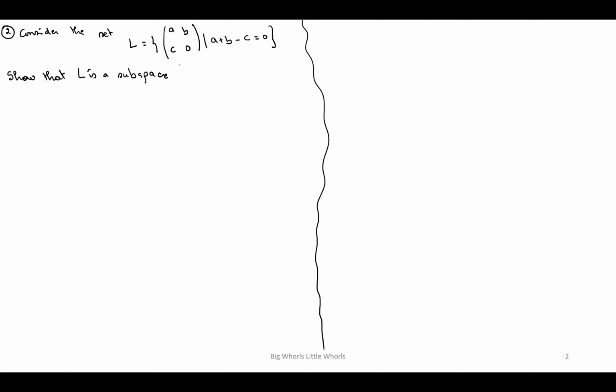So here, the space is the set of 2 by 2 matrices, and L is a subset of that space, a subset of 2 by 2 matrices. Got it?